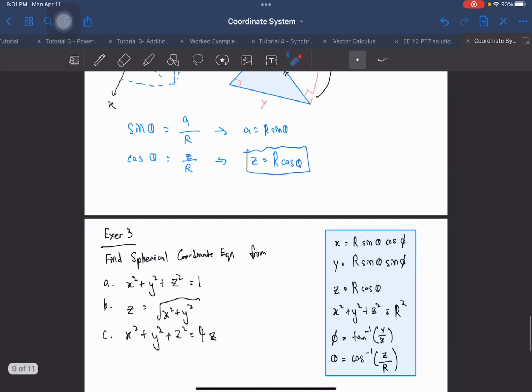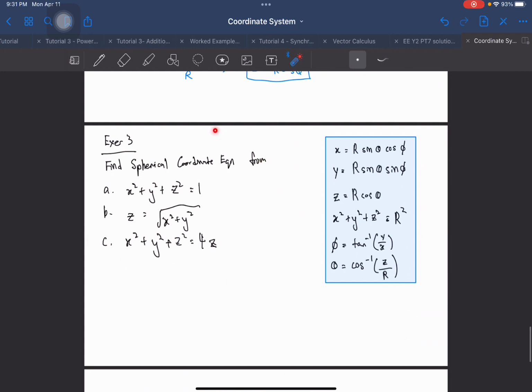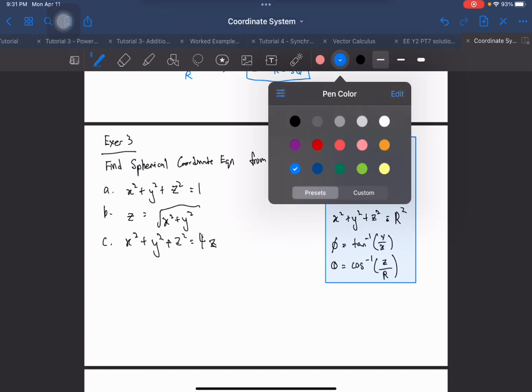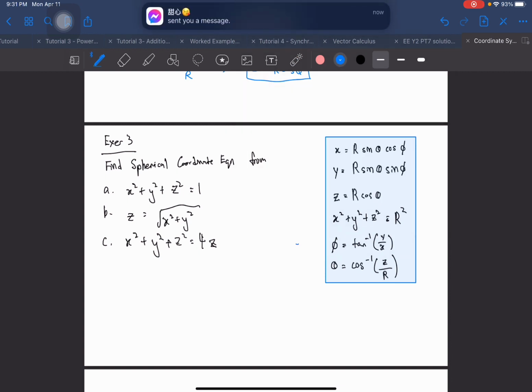And let's move on to exercise 3, where we want to find a spherical coordinate equation if you're given all these equations. As you can see here, since you've got x squared plus y squared plus z squared equal to r squared, it's pretty easy that the first one you can say is r squared equals 1, and we are done. The second one is slightly different, so we've got to do it later.